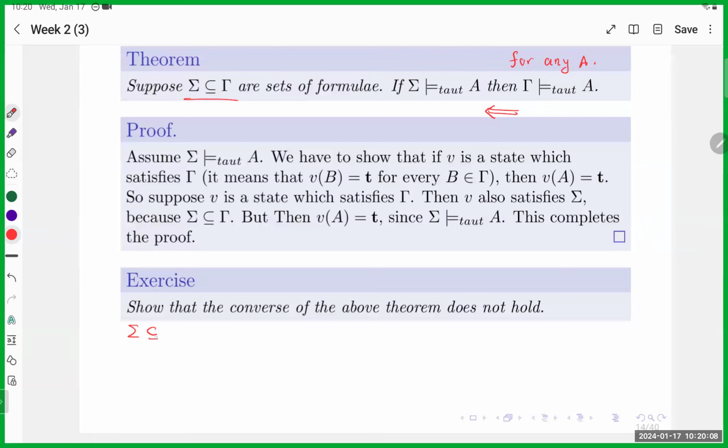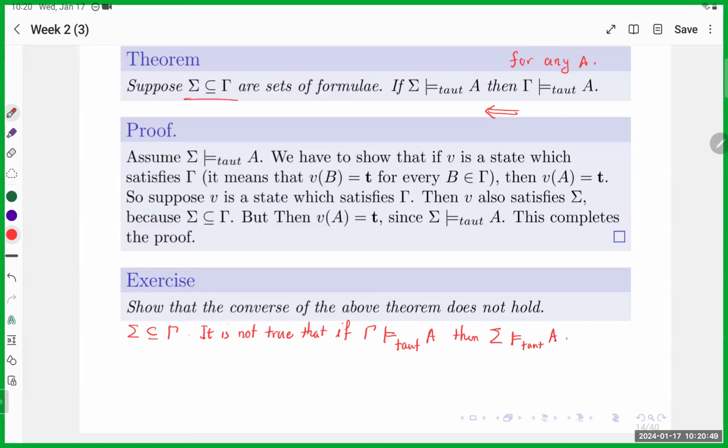If sigma is a subset of gamma, show that it is not true that if gamma tautologically implies A, then sigma tautologically implies A.